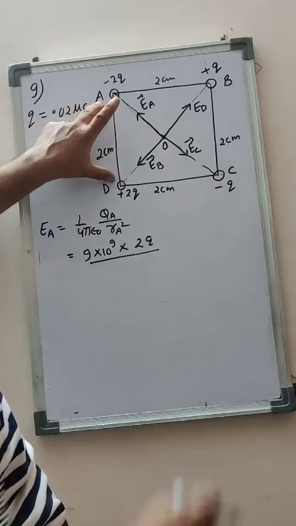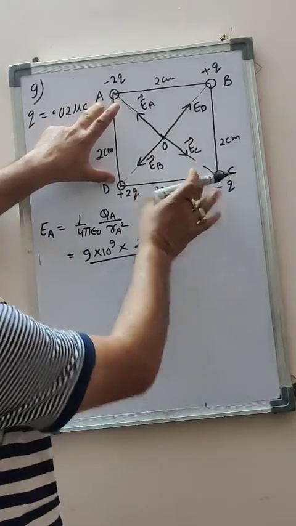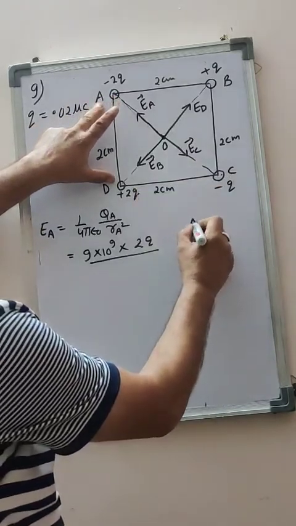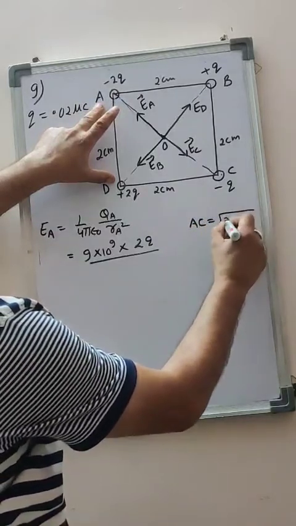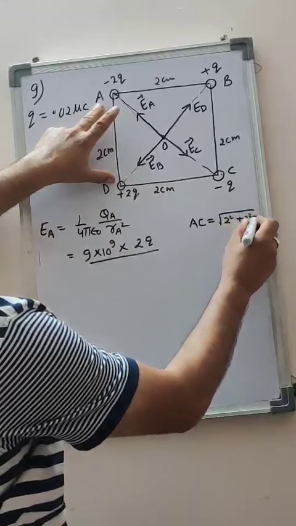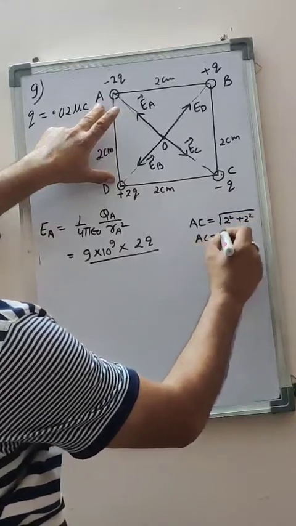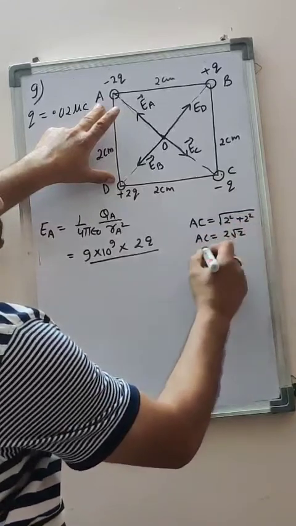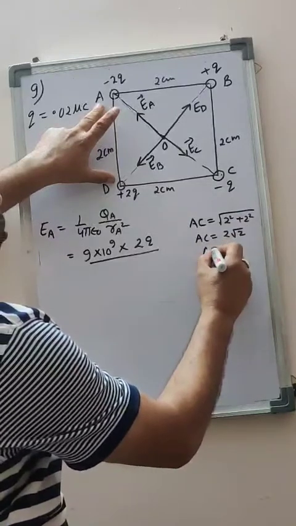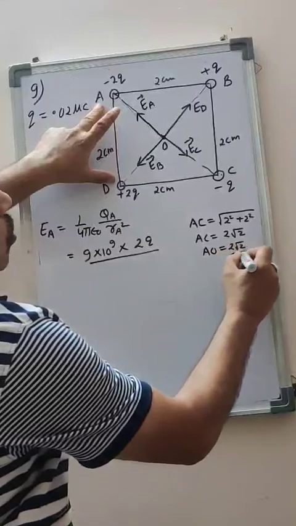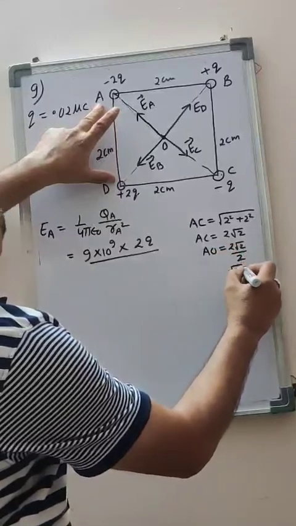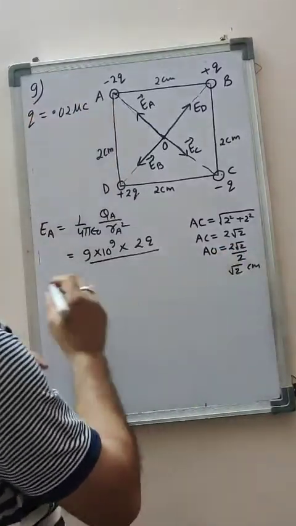This is 2 centimeter, this is 2 centimeter. So AC will be equal to 2 square plus 2 square, that is AC will be 2 root 2. And then AO will be equal to 2 root 2 by 2, that is root 2 centimeter.